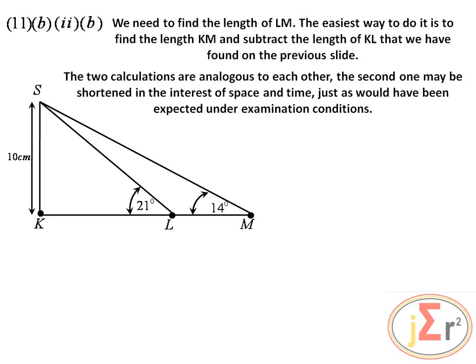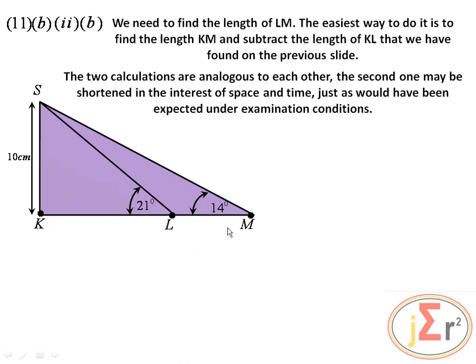examination conditions. So we are about to find LM, and in finding LM, we will find KM, which is pertaining to the large triangle, that one. So KM is pertaining to the large triangle, and KL is the one that we have calculated already.